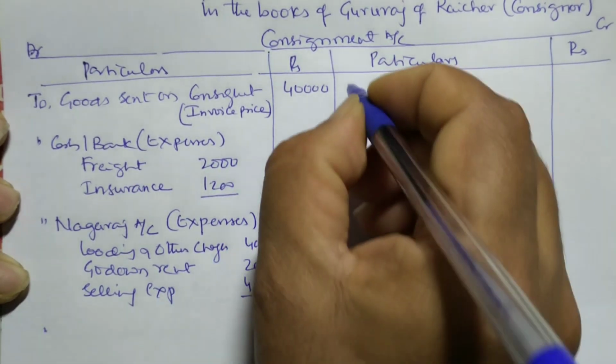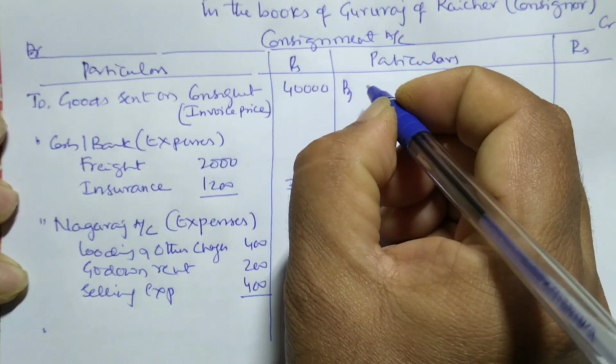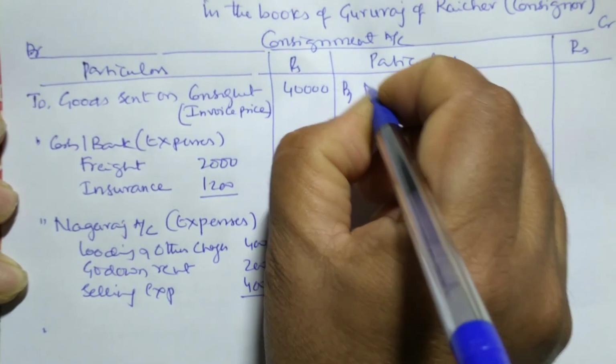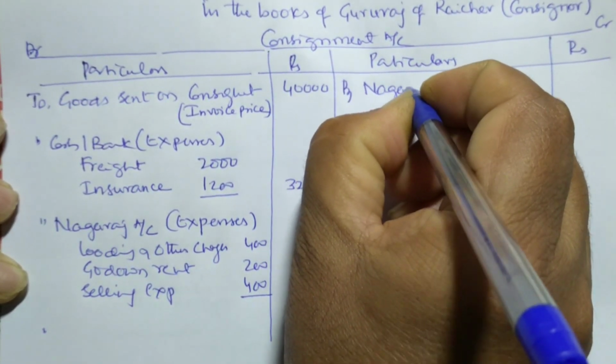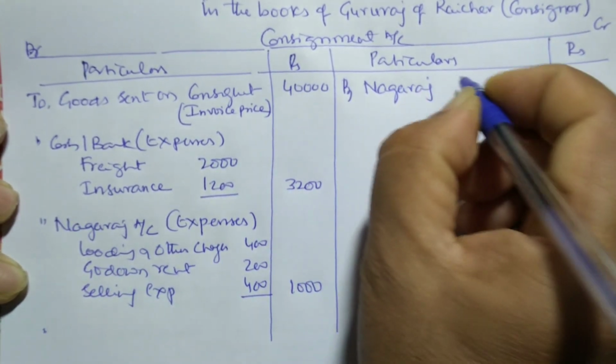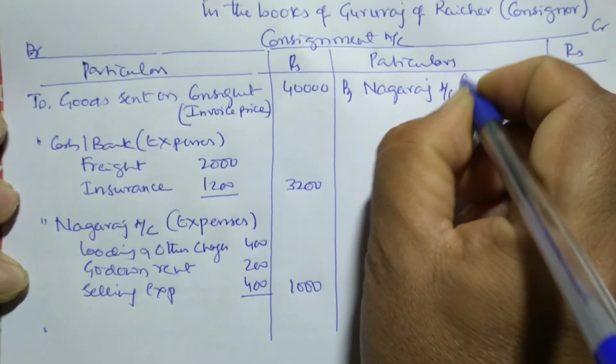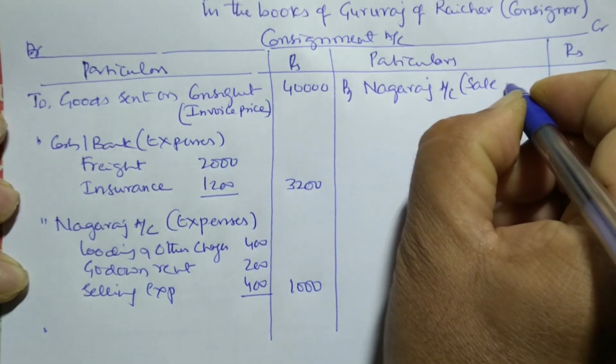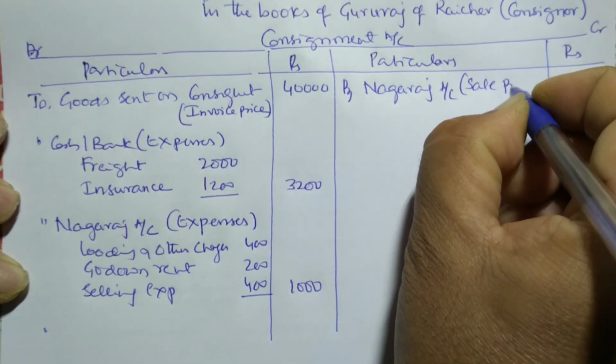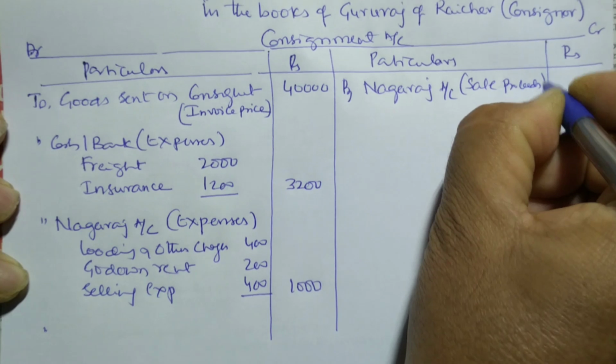During this year, he has sold the goods. Nagaraj account: it is sale proceeds, the amount received.